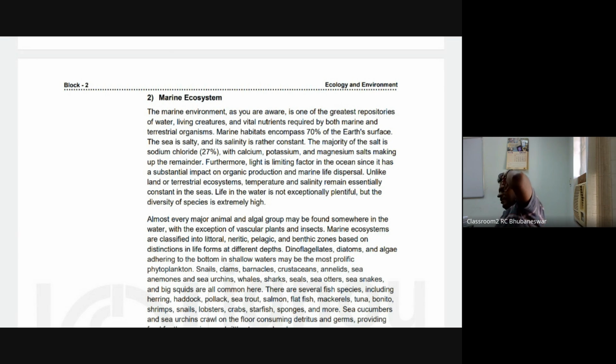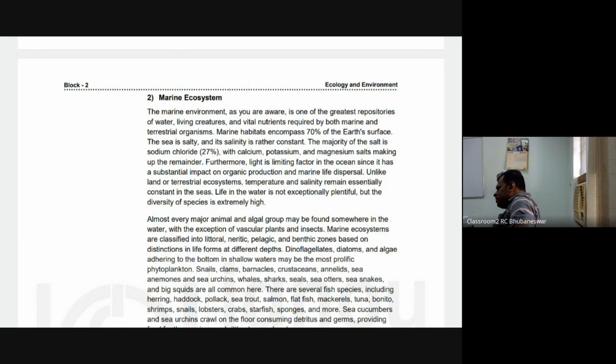Life in water is not exceptionally plentiful, but the diversity of species is extremely high. As we have discussed, the species communities of the tropical region will be different from those of the temperate region, because few species will survive only in certain temperature conditions. Take the case of coral reefs.